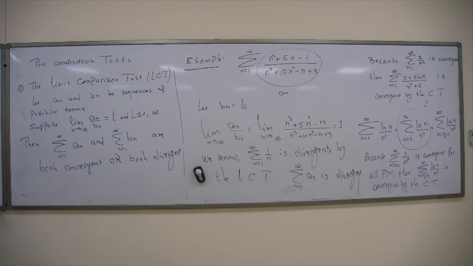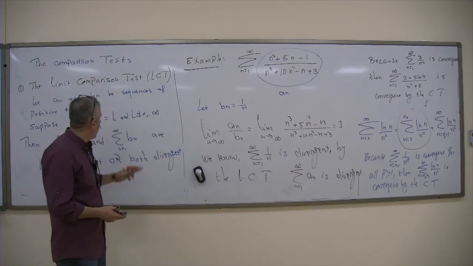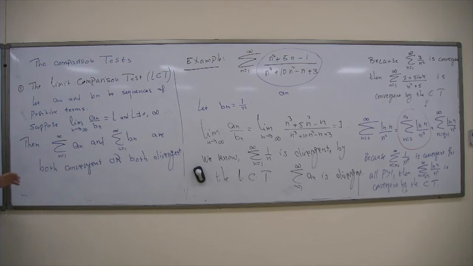All right. After understanding this example, let's go back to this theorem and let's see why it works like this. Well, all you need is to think about this limit.